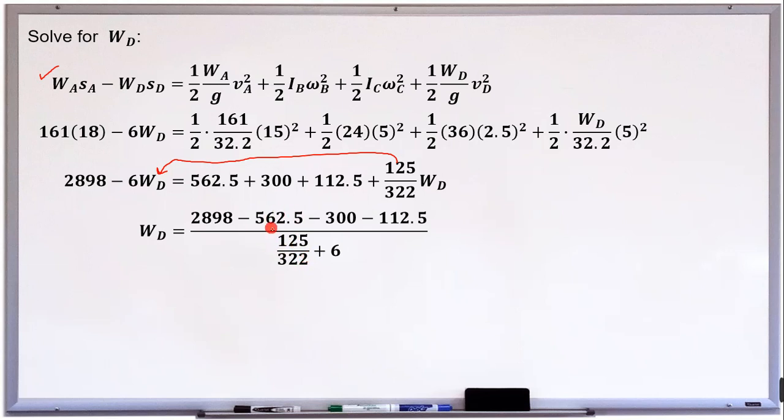If you input this in your calculator, you will come up with an approximate value of the weight of our block D that is roughly equal to 301.02 pounds.